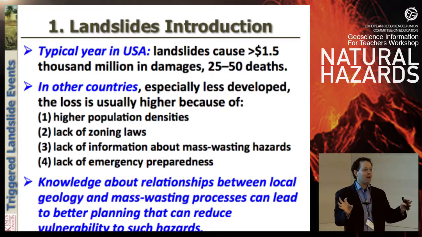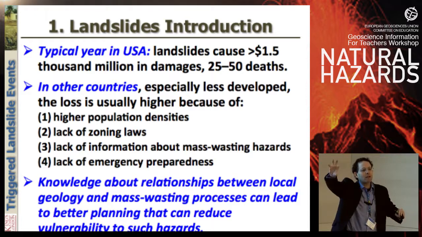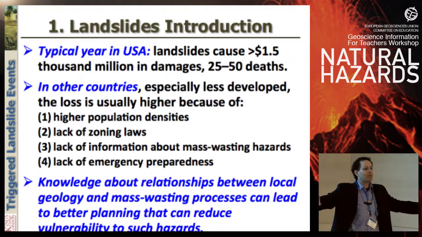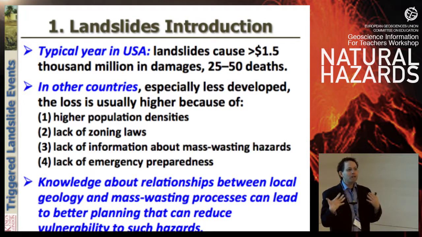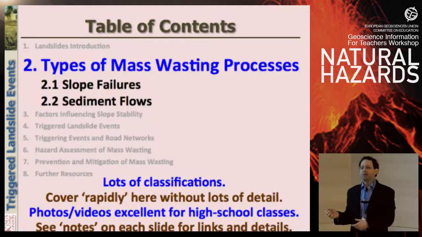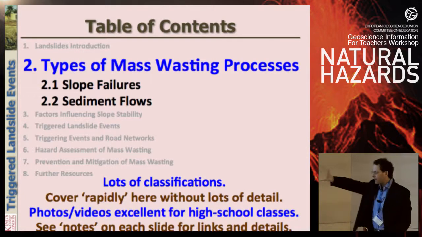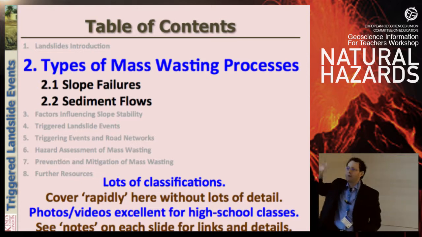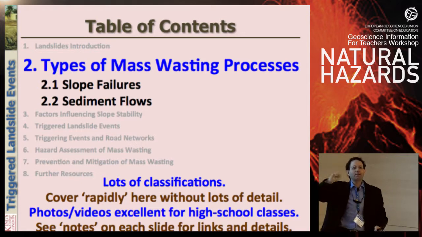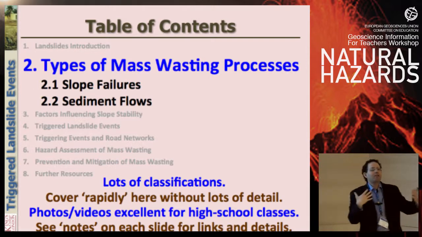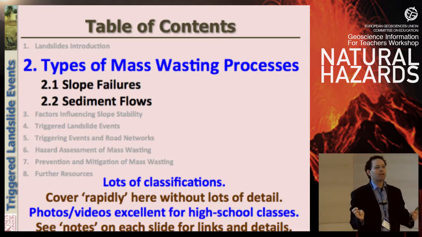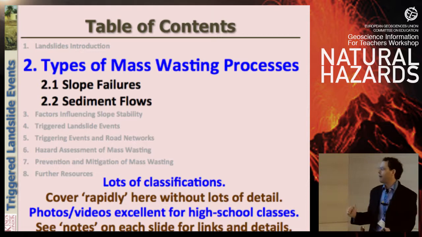We as a society can't predict exactly where landslides will occur, but we know where has high susceptibility of landsliding. So we can do something about mass wasting and the cost. In this next part, I'm going to go through it quickly, show you some videos, some photos, and talk about just that there are many different kinds of mass wasting that exist, from very slow to very fast.